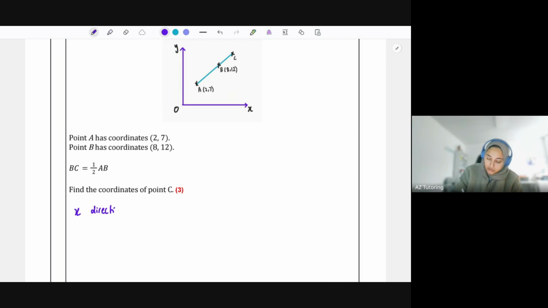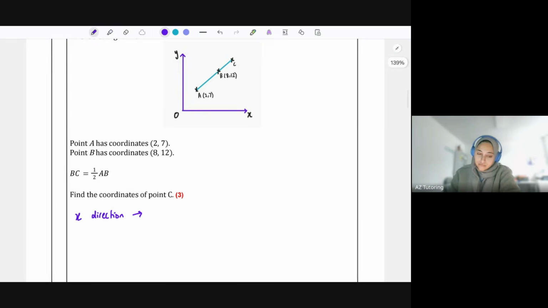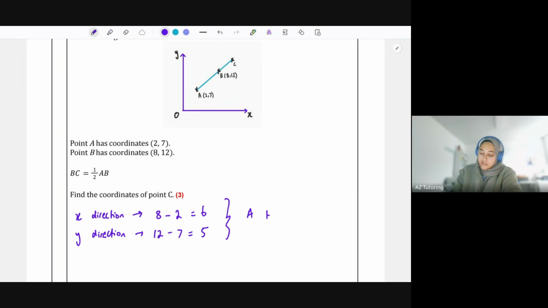In the X direction, and remember this is from A to B because they've told us BC in terms of AB, to see how much it's moved from A to B, I'm going to do the difference between the X coordinates, which is just 8, the X coordinate in B, minus 2. That gives us 6. Let's do the same for the Y coordinate. For the Y direction, we've got 12 minus 7, which gives us 5. Remember, this is from A to B in terms of the X and Y direction.